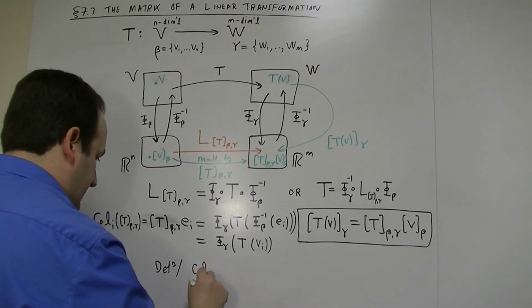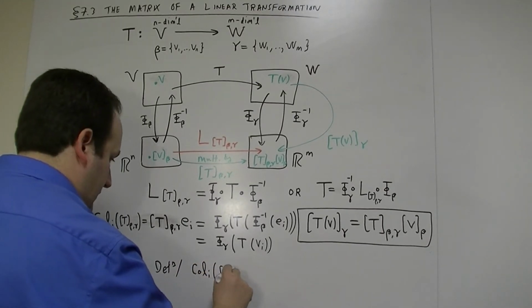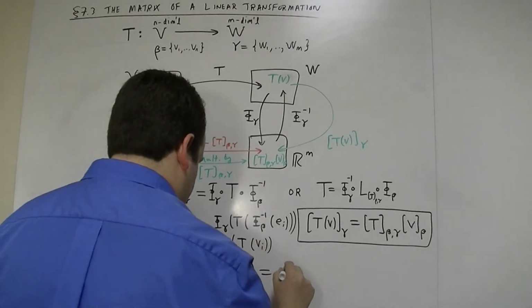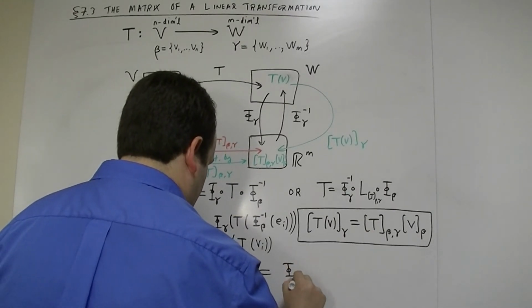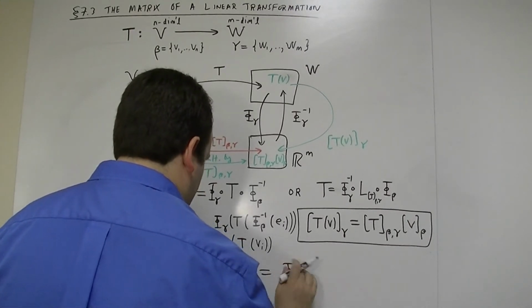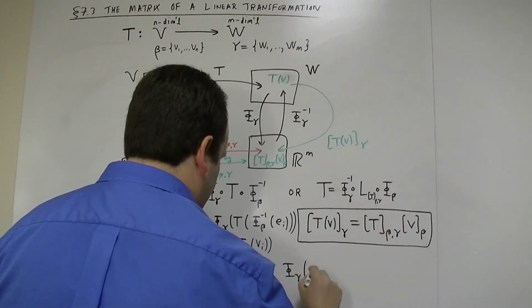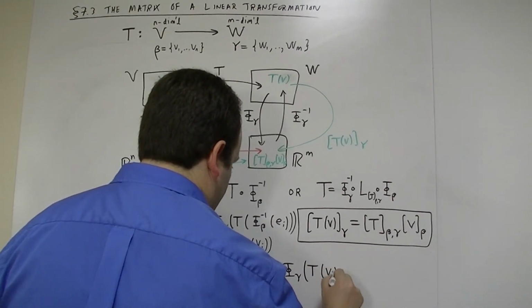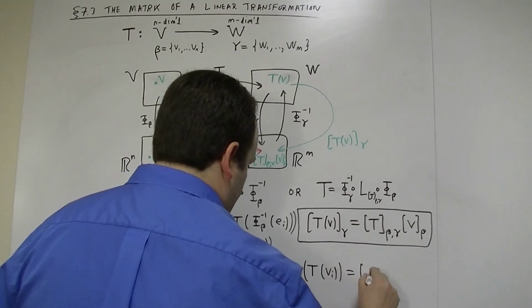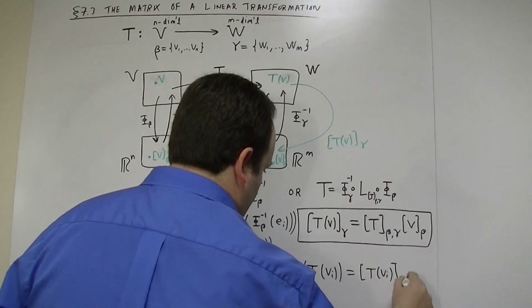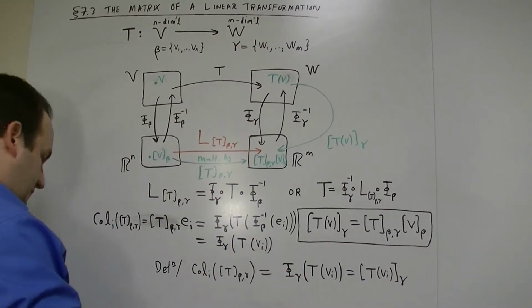The ith column of T beta gamma is simply equal to the gamma coordinate mapping of T of v_i, or if you prefer, you could write [T(v_i)] gamma.